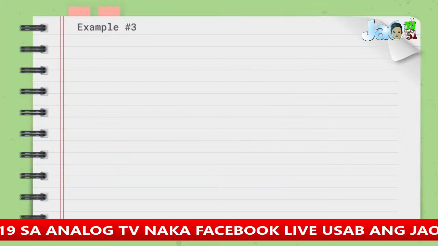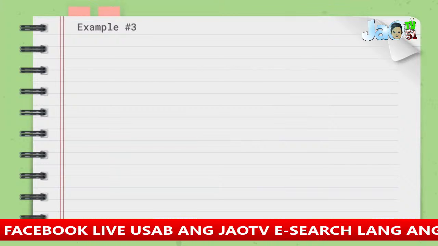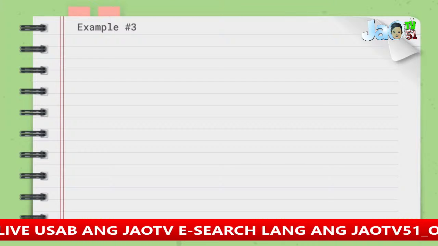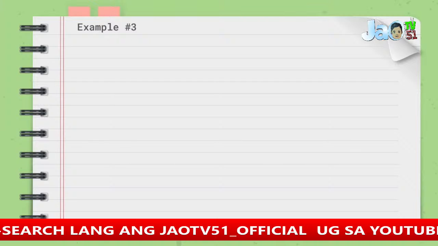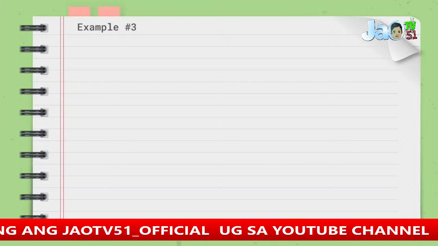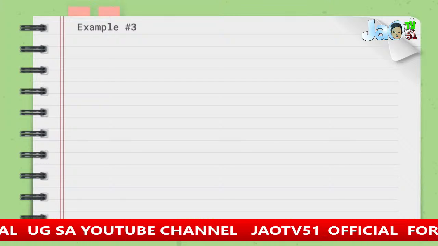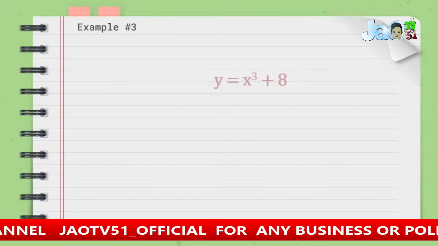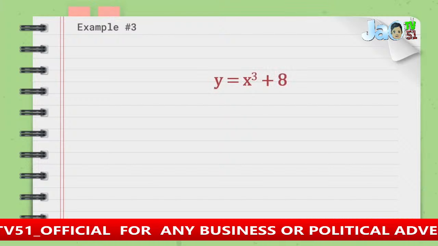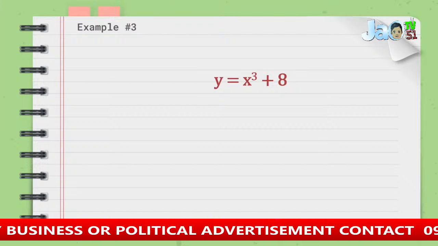On the other hand, to write a polynomial function from standard form to factored form, you simply use your knowledge in factoring polynomials. In writing polynomials in factored form, the function must be completely factored. Write the polynomial y equals x cubed plus 8 in factored form.